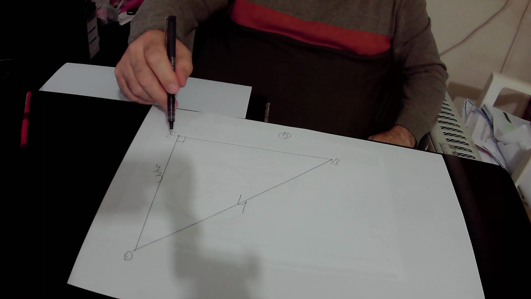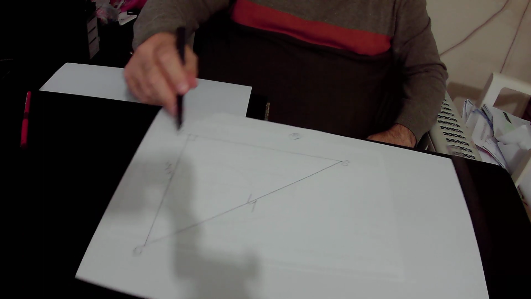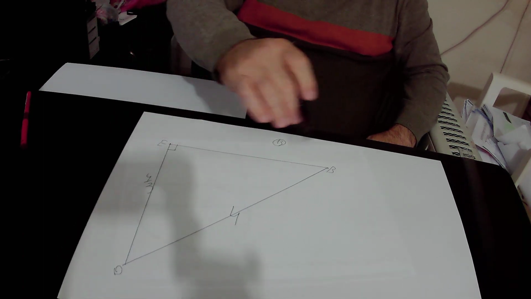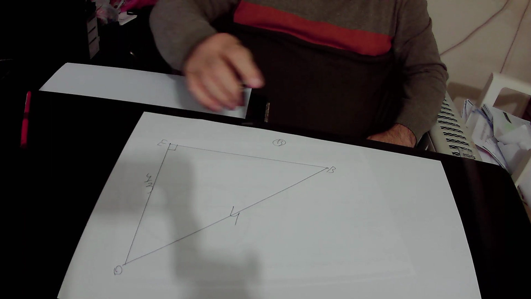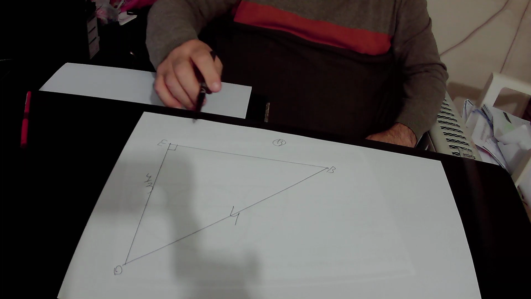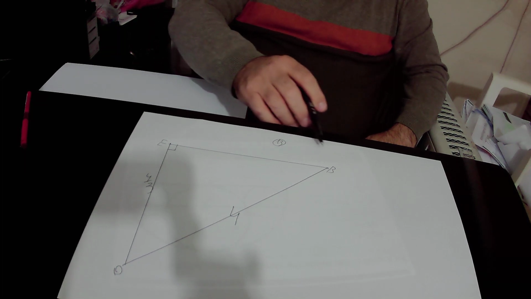We already found out that OE equals 4/3 units, and OB is the radius of the semicircle, that is to say it equals 4 units, and the only thing that is left is to find out the length of side EB.